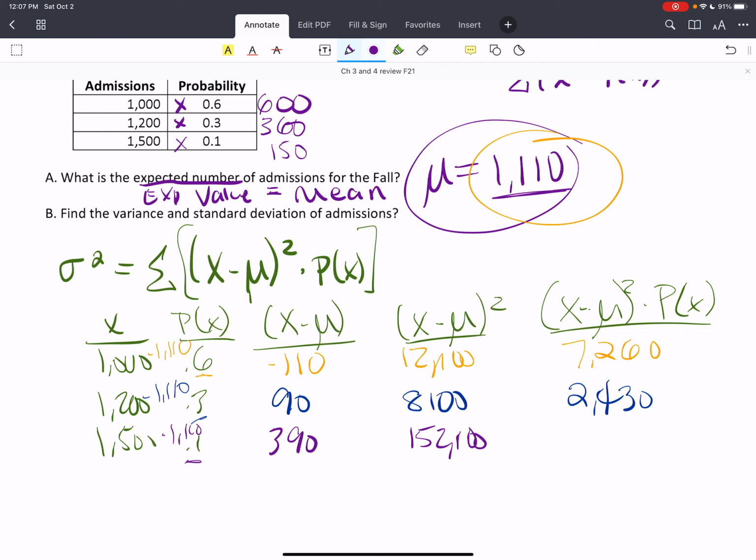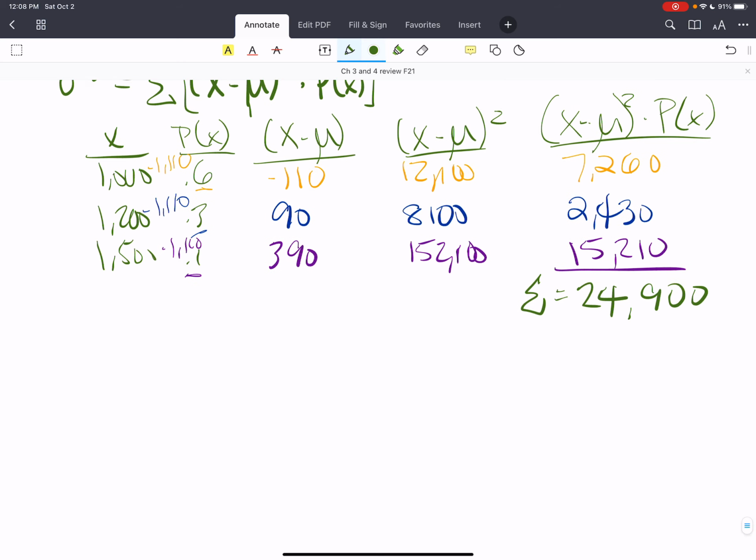Multiplied times the probability of 0.1 is 15,210. And then again, I come in and I sum these up. And so we would get 24,900. Okay, so that is my variance.